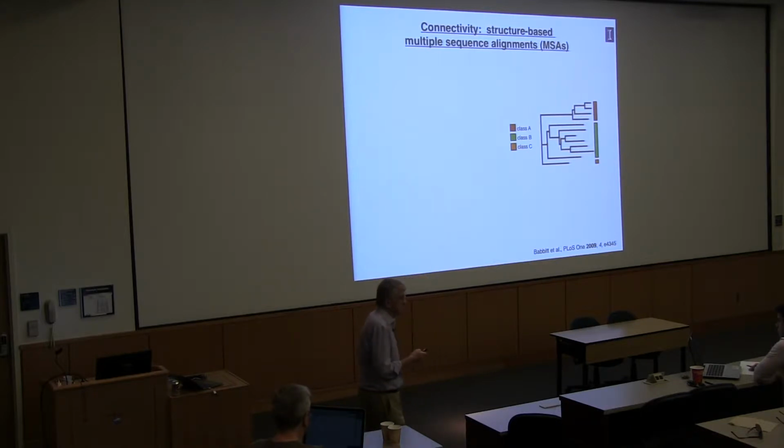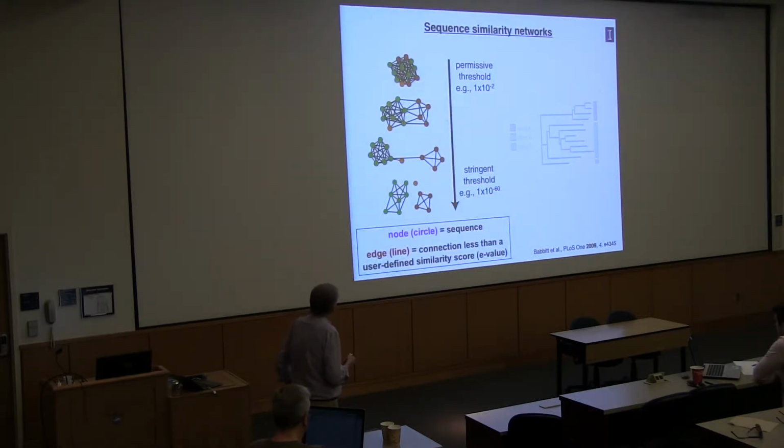But they are phylogenetically rigorous, and if you're interested in getting phylogenetic relationships, this is what you want to do. In a sequence similarity network, each symbol is a sequence, and each sequence is connected by a line or an edge to every other sequence that shares a sequence identity that is greater than a user-specified value.